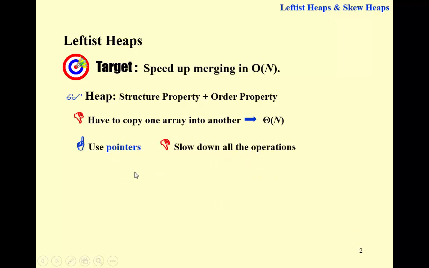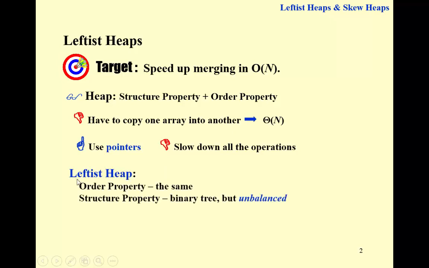So it takes time to find the next one following a pointer, and therefore using pointers is more expensive, or say slower. If we decide to use pointers, we better have a complexity that is better than big O of n to compensate the loss of speed. So here we are, the leftist heap.